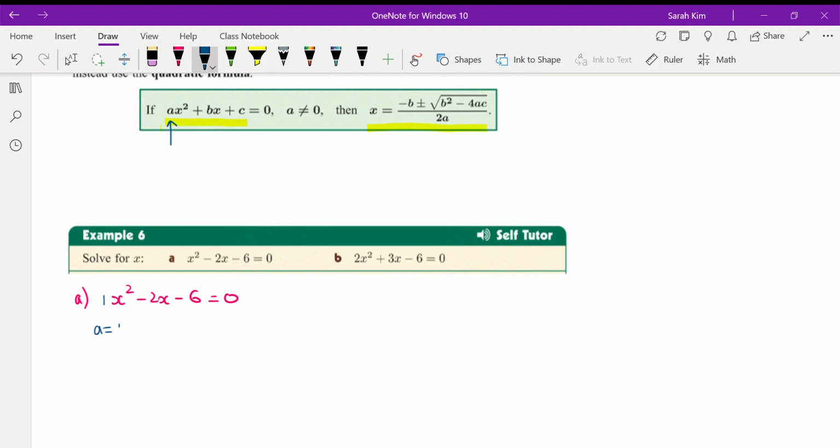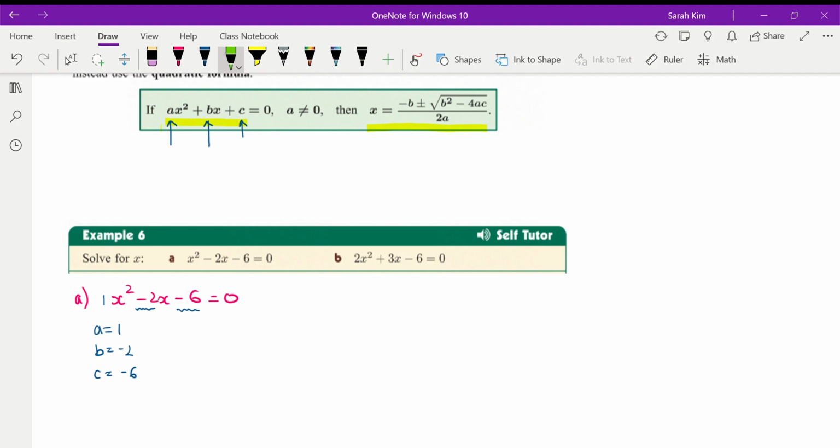So a is 1, and b is the coefficient of the term x, which is minus 2. And c is the constant term without any x, which is minus 6. Once you identify them, you write them down. Make sure you write the minuses down if it has a minus. Then all you have to do is write your quadratic formula.